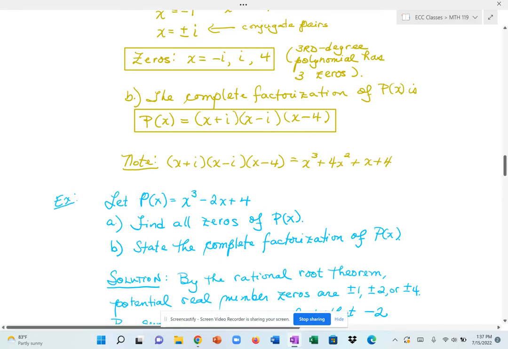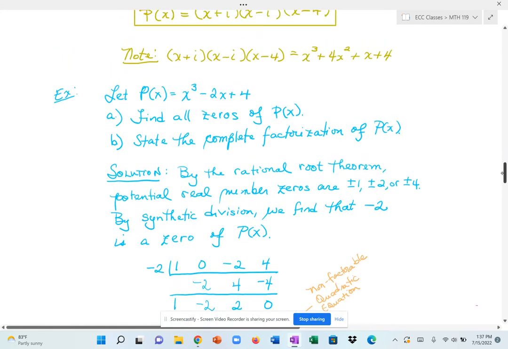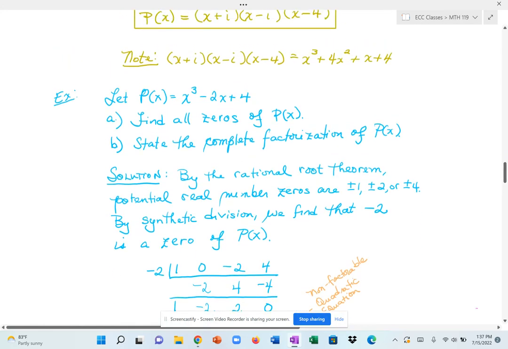So I'm going back to a previous lesson, which was the rational root theorem, which means that you can list all of your potential rational roots, which would be real numbers. And that's going to be all the factors of 4 divided by all the factors of the leading coefficient, which is 1.